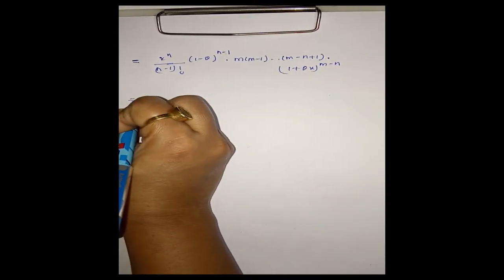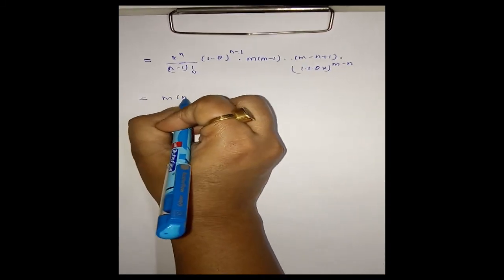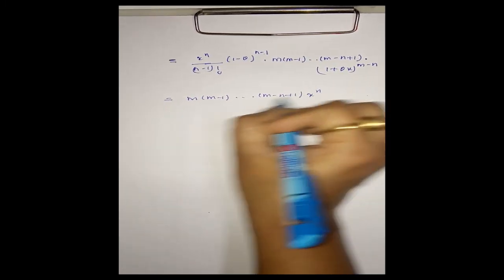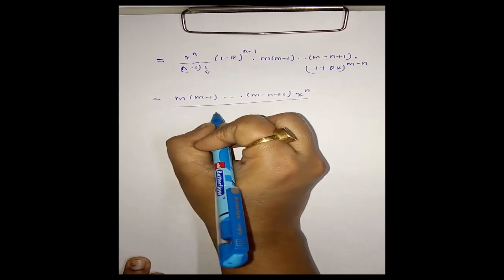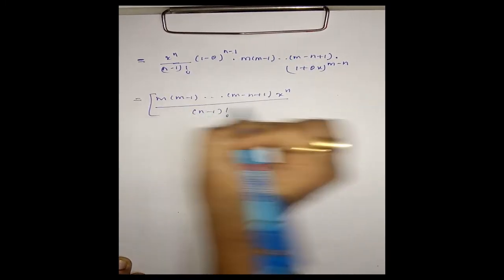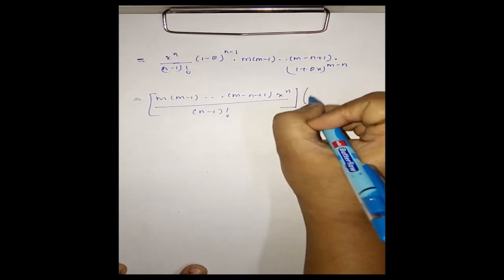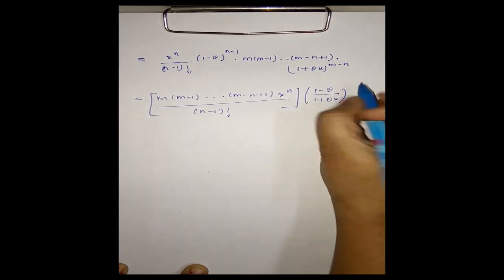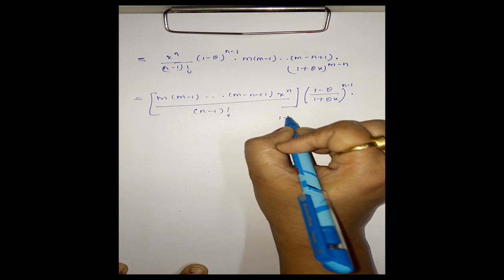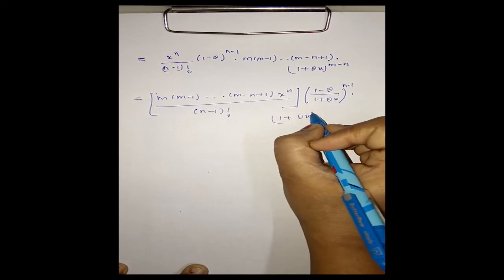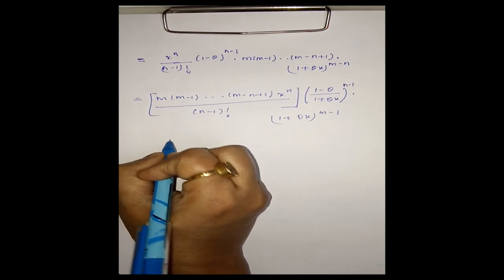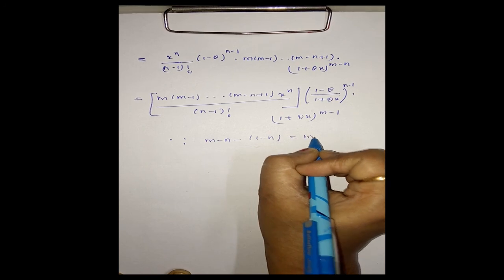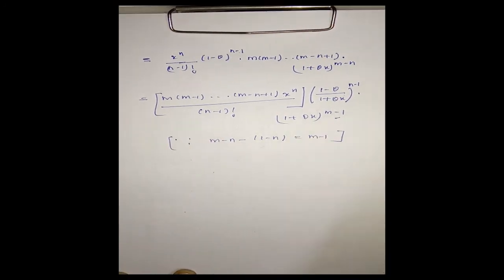Okay, now this is equal to m into (m minus 1) up to (m minus n plus 1) into x^n divided by (n minus 1) factorial into ((1 minus theta) over (1 plus theta x))^(n minus 1) into (1 plus theta x)^(m minus 1), since m minus n minus 1 minus n is m minus 1. Therefore, power is m minus 1 here.